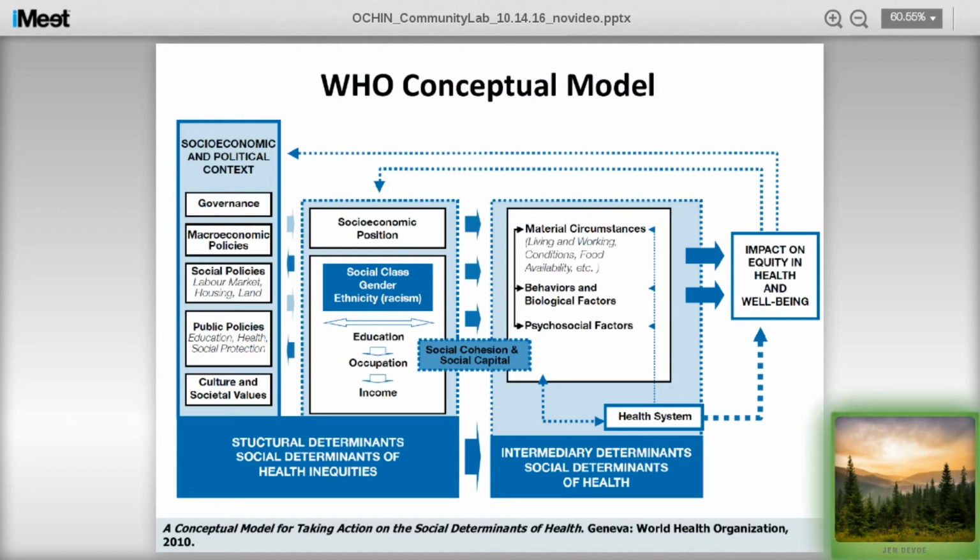So the other thing I did want to mention is I do want to be very humble, and it is humbling when we look at the World Health Organization conceptual model about what has an impact on equity and health and well-being. And so we're talking about doing really cool things within that tiny little box there at the bottom in the rectangle where it says health system.